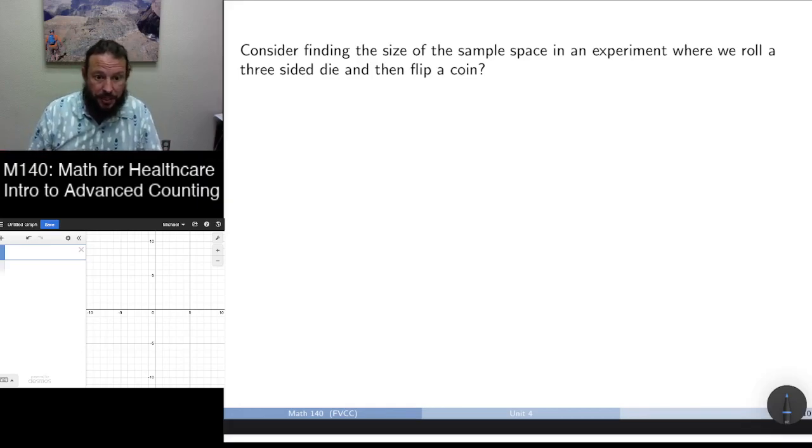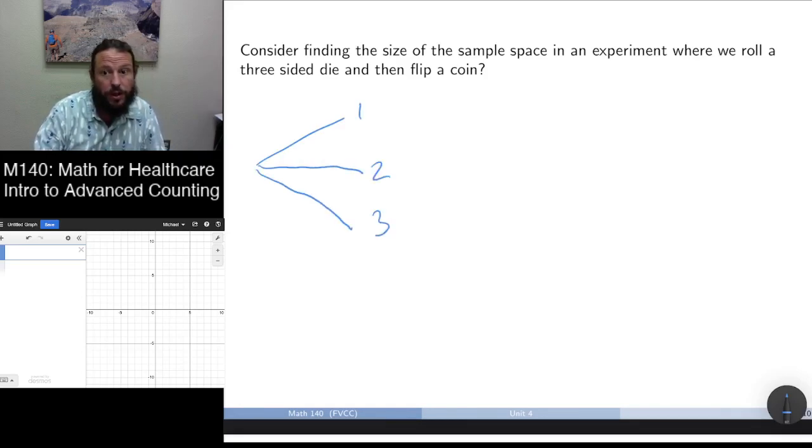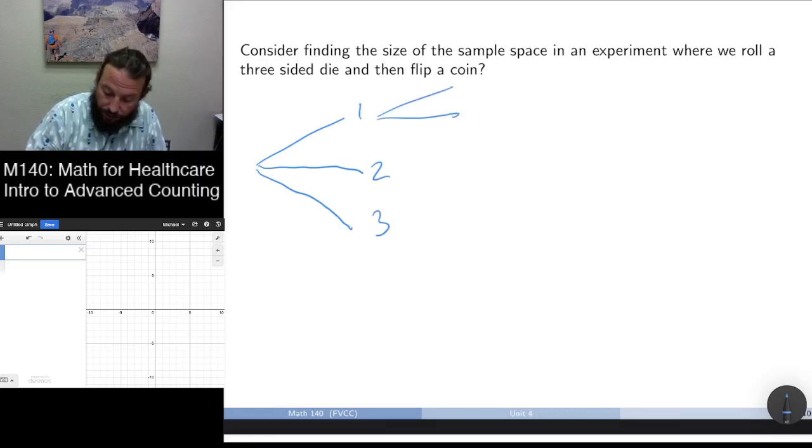Now, one way to see this, just like with the coins and the conditional probabilities, is to draw a tree diagram. Here we could either get a 1, a 2, or a 3, and then the next thing to happen is flipping a coin, which could be heads or tails.